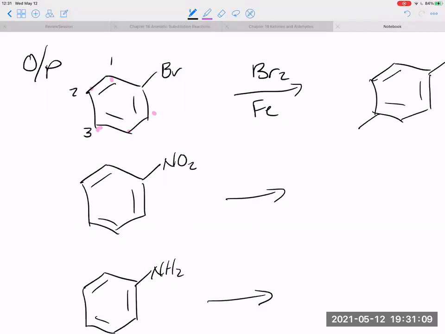Ortho is 1. What about meta? 2. Yeah, meta is going to be next. And then para is that one guy on the very opposite end. So remember OMP, like OMG, but OMP. That's how we're going to remember the order.